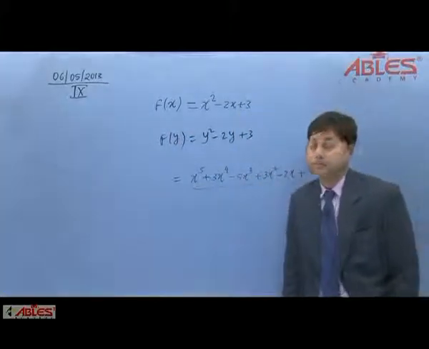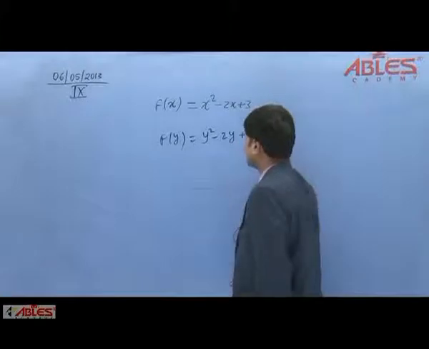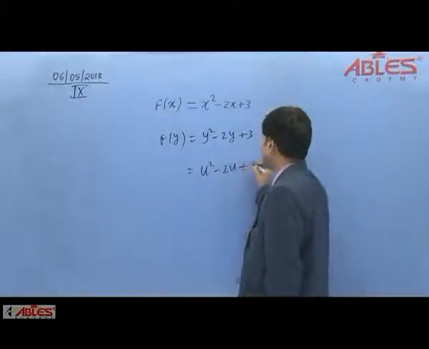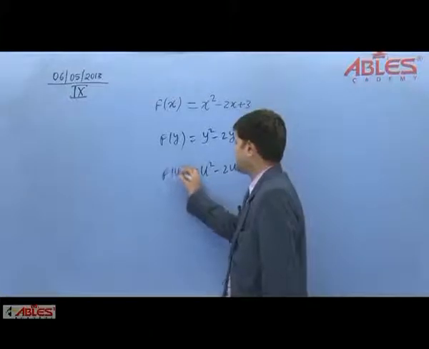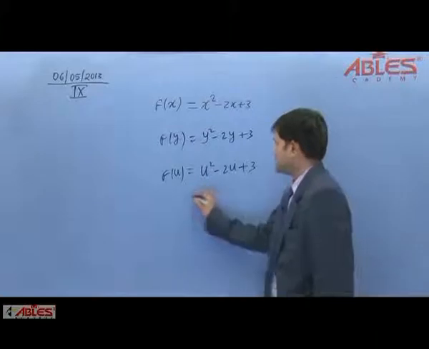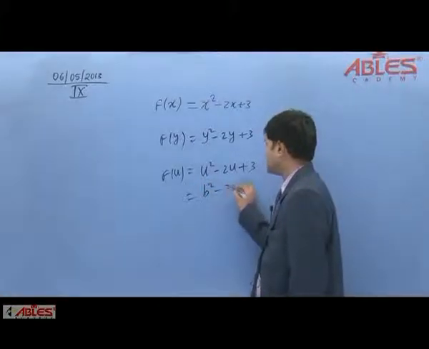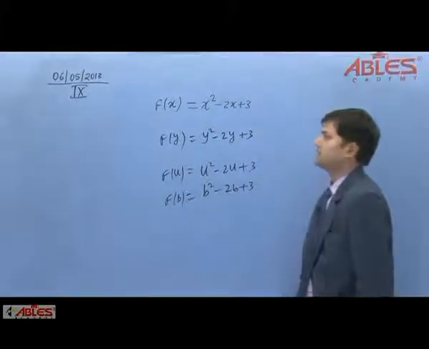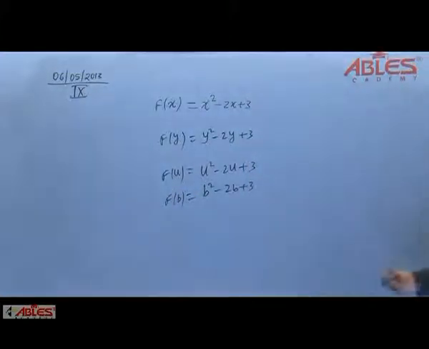Okay students, this is very important. If we write it as u square minus 2u plus 3, then we will represent it by f of u. If we write it as b square minus 2b plus 3, then we can represent it by f of b. So in this way we can represent it.